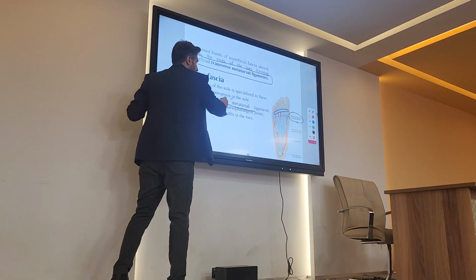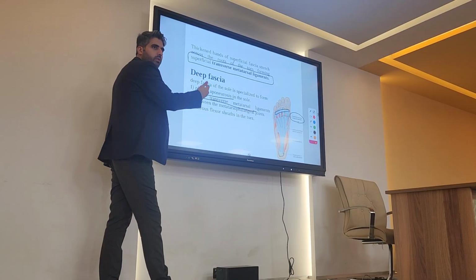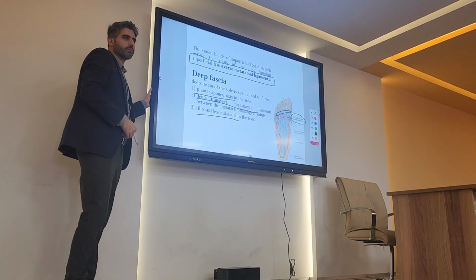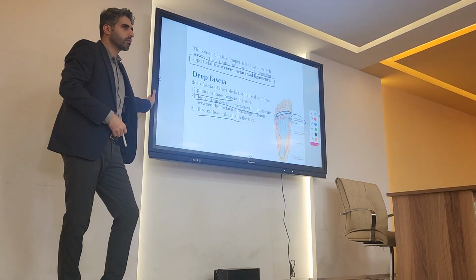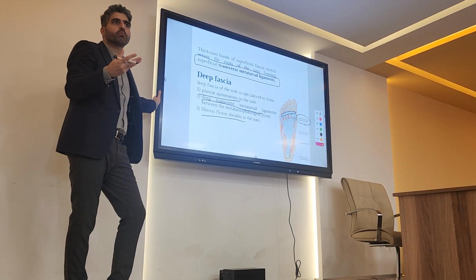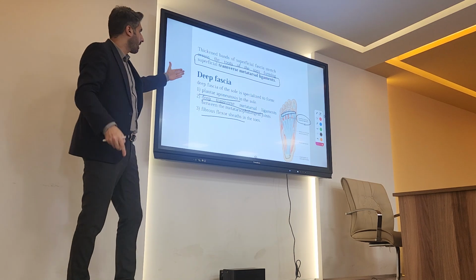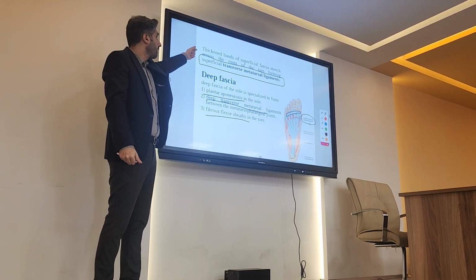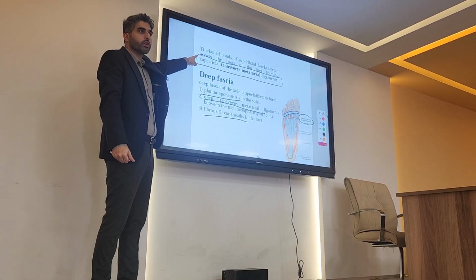Plantar aponeurosis, deep transverse metatarsal ligament, and fibrous flexor sheaths. So the question was, all of the following structures, they are formed by deep fascia, except this one. Superficial transverse metatarsal is by superficial fascia.